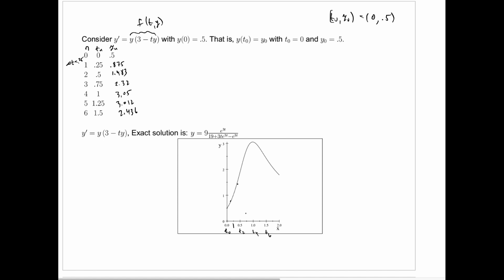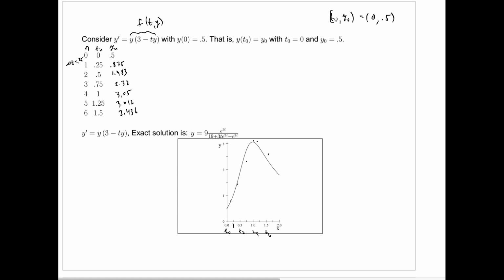When t is 0.75, we're way up here at 2.32, which is somewhere around here. At 1.0, we're right up at 3, a little over that, 3.05. And then we move over here to 3.012, just down the tiniest bit, and 2.432 at 1.5.